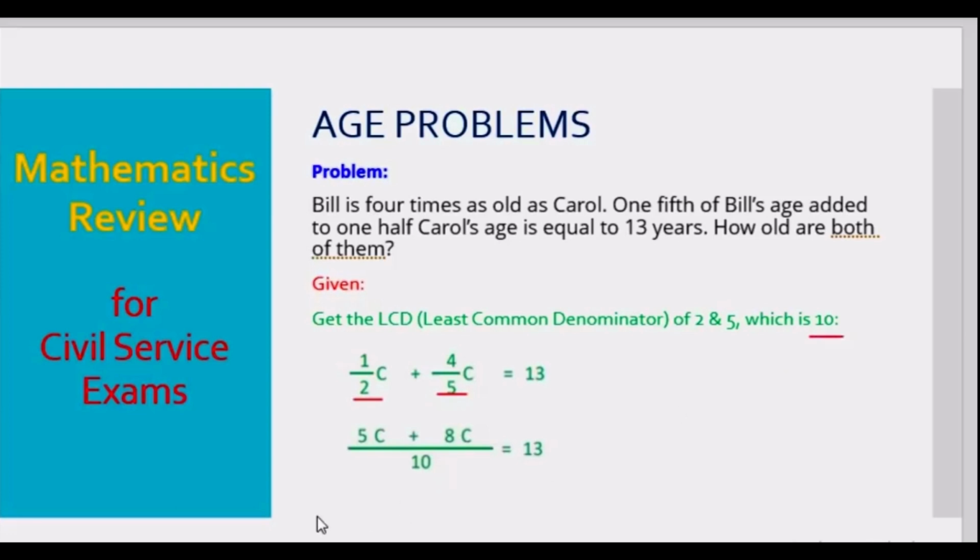So, nilagay ko na 10. So, we will solve 10. Divide mo siya ng 2, is equals to 5. 10 divide 2 times 1 pala, is equals to 5. Plus 10, divide mo ng 5, times 4 is equals to 8.